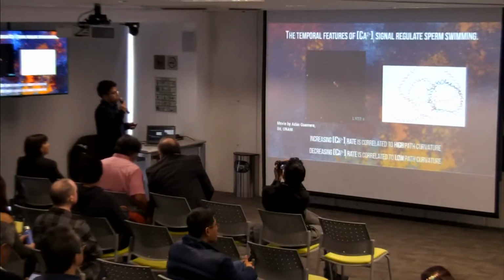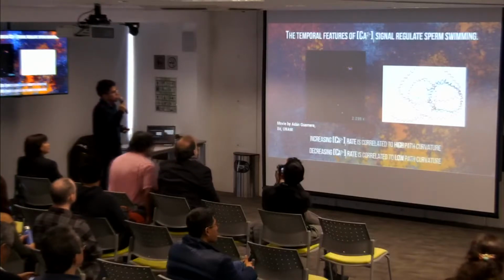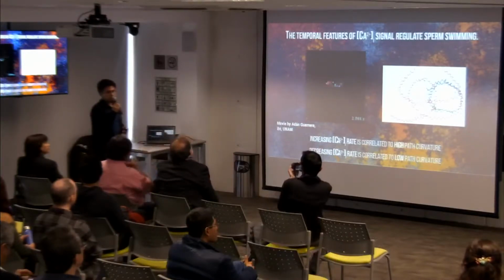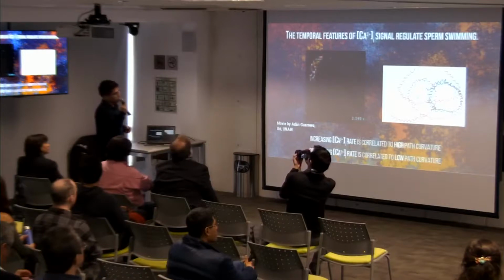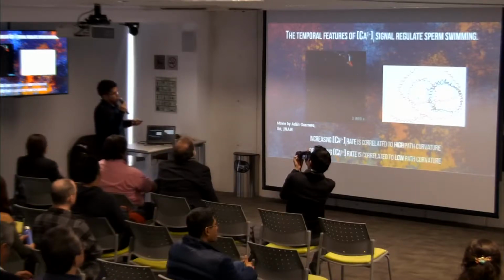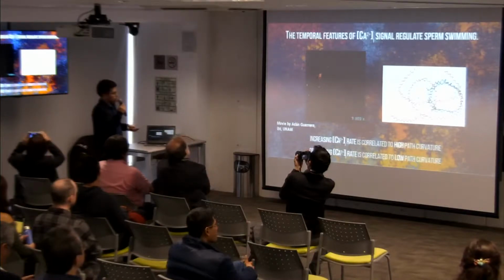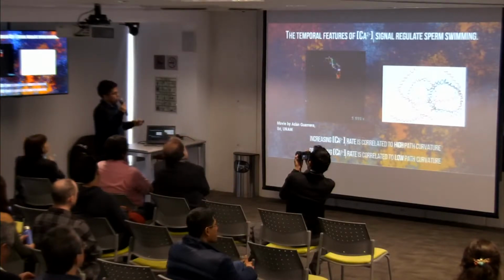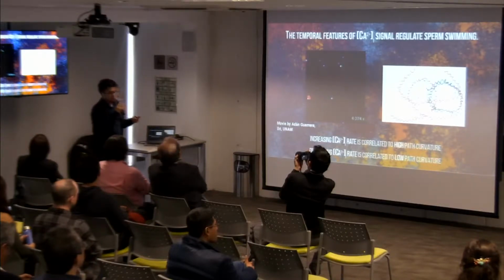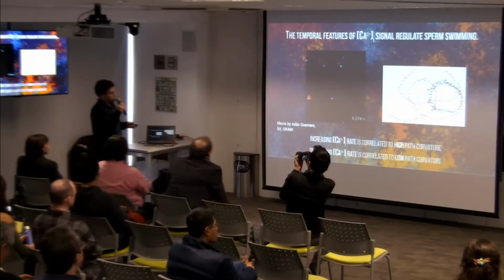But how is this being controlled? This is controlled by a calcium signal triggered inside the flagellum of the sperm. This is the same experiment, where you can see a movie of a sperm stimulated by a SAP stimulus.